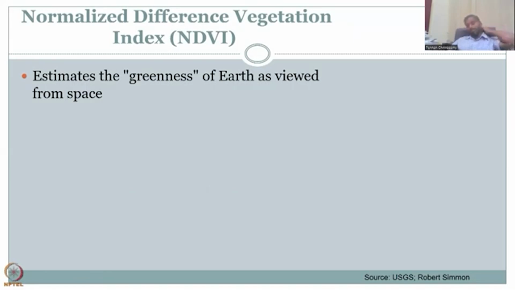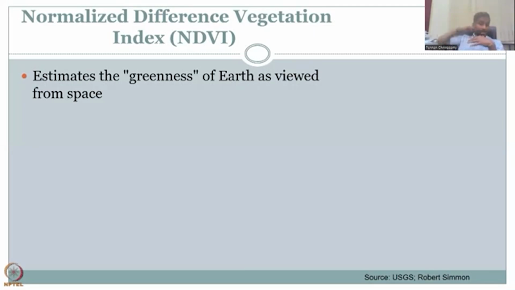So I would like to first and foremost have this discussion on NDVI, and then we will take care of other indicators also. The normalized difference vegetation index, NDVI, estimates the greenness of Earth as viewed from space. Basically, if near infrared or green light is shined on a particular plant, and the plant is fully grown, very healthy, it has green leaves, then a lot of green is reflected.